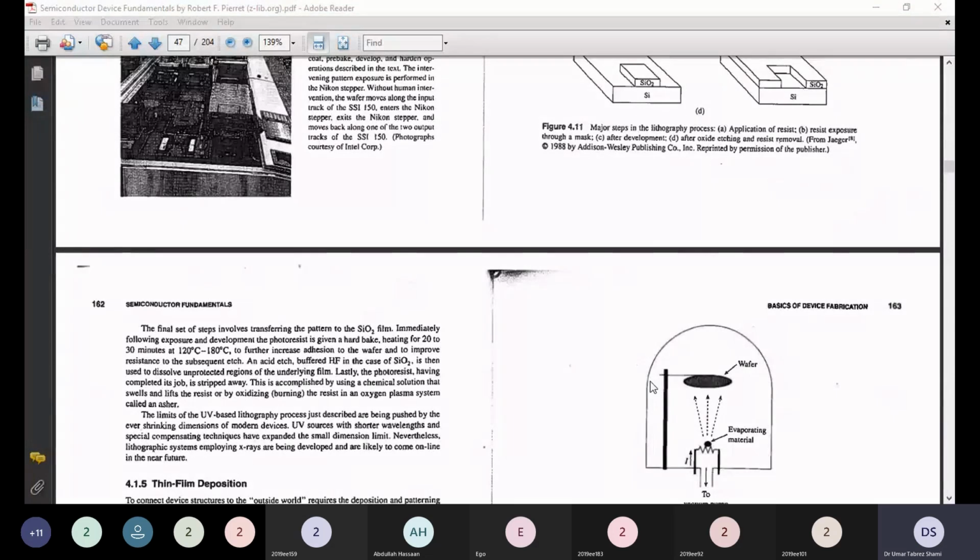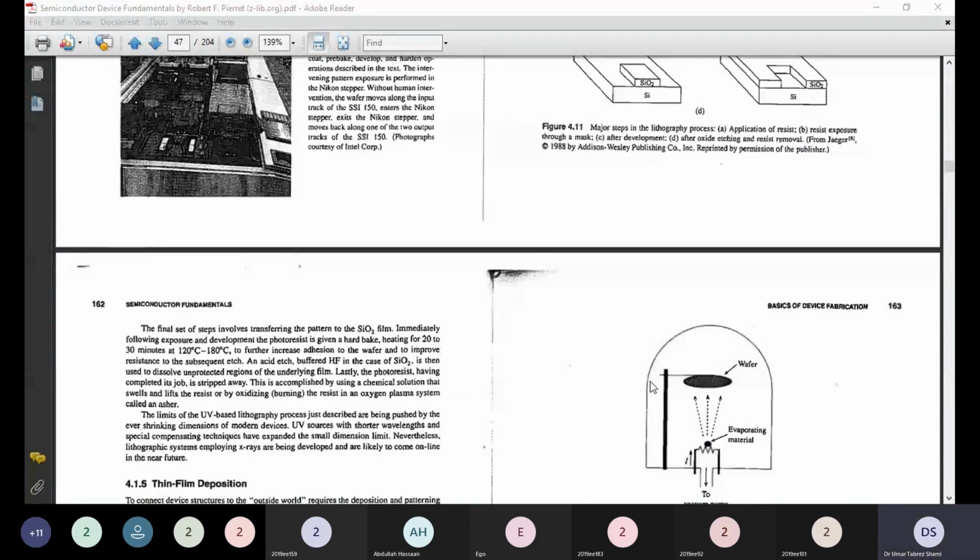This is accomplished by using a chemical solution that swells and lifts the resist, or by oxidizing the resist in an oxygen plasma system called an asher. The limits of the ultraviolet based lithography process just described are being pushed by the ever shrinking dimensions of modern devices.